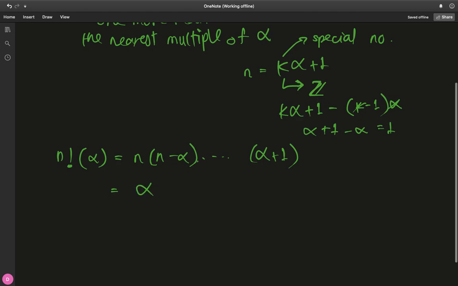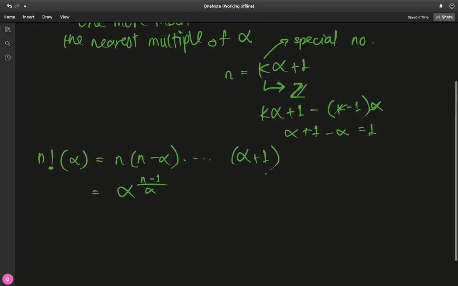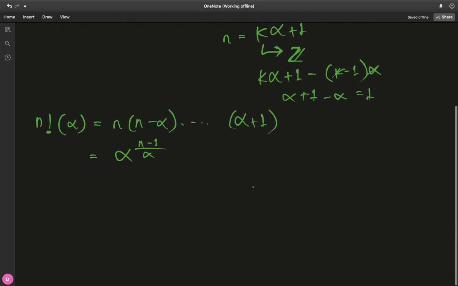So you have alpha raised to the n minus 1 over alpha power. And why is that? I'll explain. Basically notice that any term of this multiple factorial can be represented as n minus t minus 1 alpha, where t is the number of which term it is.